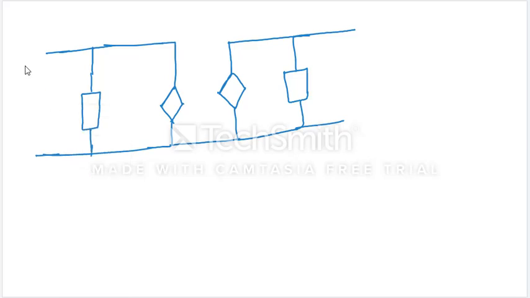Now here this is port 1, this is V1, this current is I1, and this is port 2, V2, and this current is I2. This is Y11 mhos, and this current is Y12 into V2.